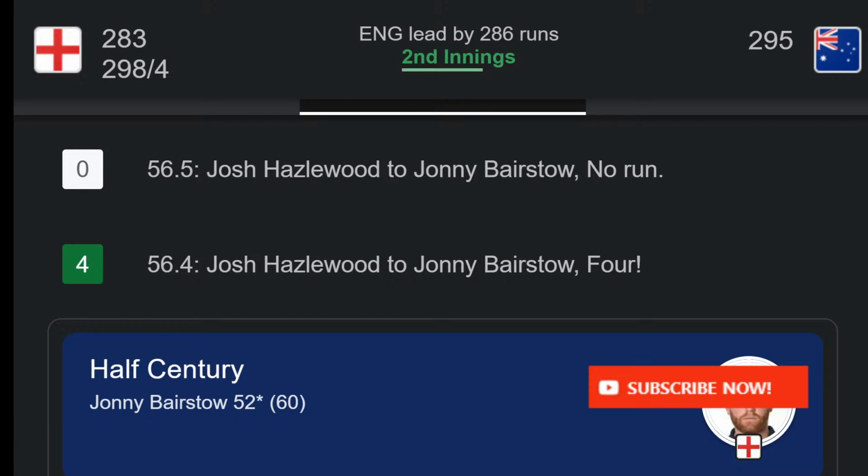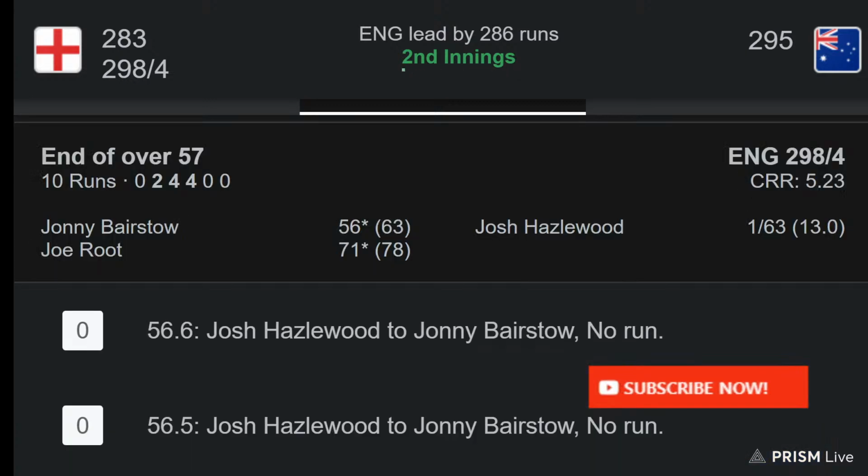A look to John Bairstow, no run. 298 for the loss of 4 wickets, and 283 in the first innings, and now they lead by 286 runs.